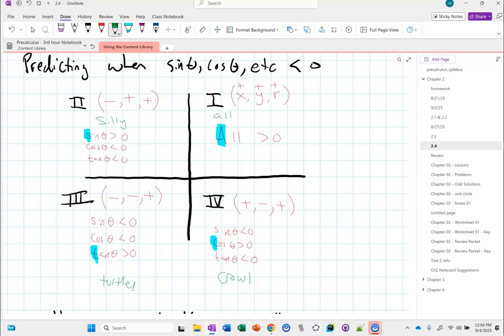Everything else is negative. So that's how we use that piece of information. Is everybody okay with how we built that out? And at least the acronym that I used to memorize this when I was a student? You can come up with your own words if you want. You know, All Students Take Calculus, whatever.